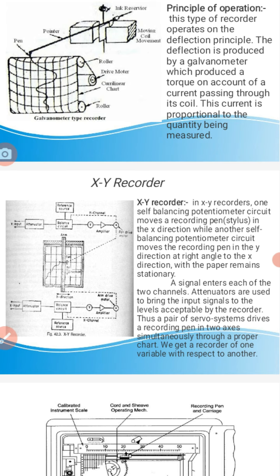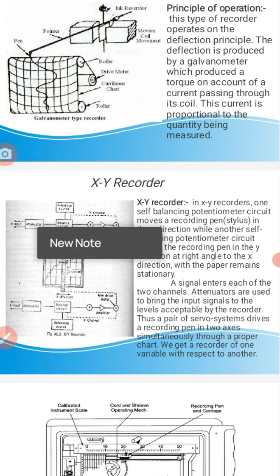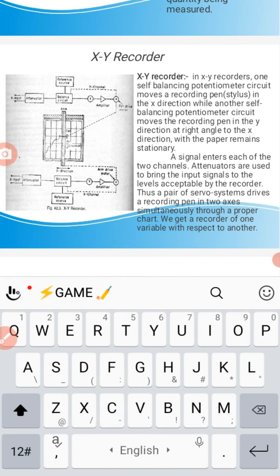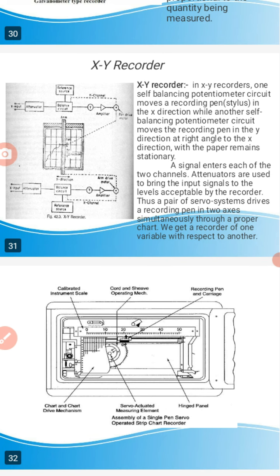Already we have studied the strip chart recorder, in which the variations of a quantity are recorded with respect to time, while an XY recorder is an instrument which gives a graphic record of the relationship between two variables. In strip chart recorders, usually self-balancing potentiometers are used.